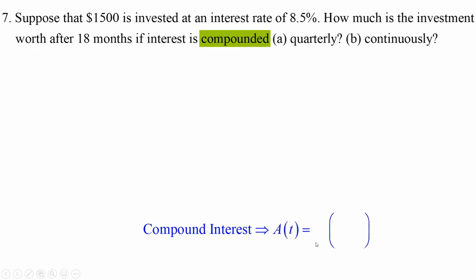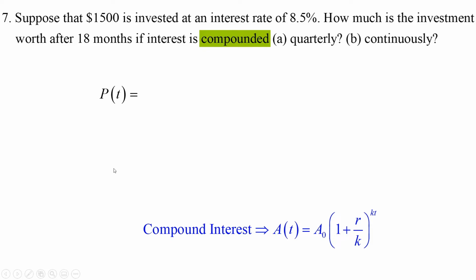A of t equals, and again, we always start with something, a sub 0, and then we have not 1 plus r, but 1 plus r over k, where r is our growth rate, and k is the number of times we get to compound every year, and that is to the kt power right there.